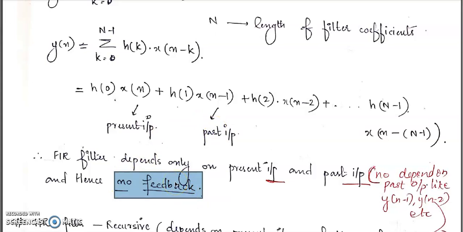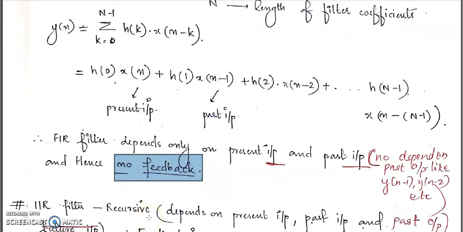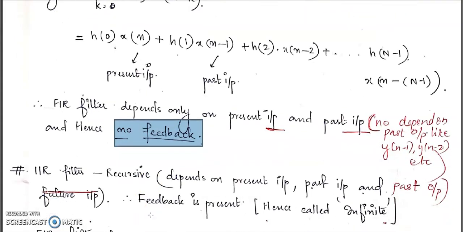Then we can make a small comparison with the IIR filter. IIR stands for infinite impulse response. That means the duration is infinite and we have many coefficients. In the case of an IIR filter, it is a recursive type.